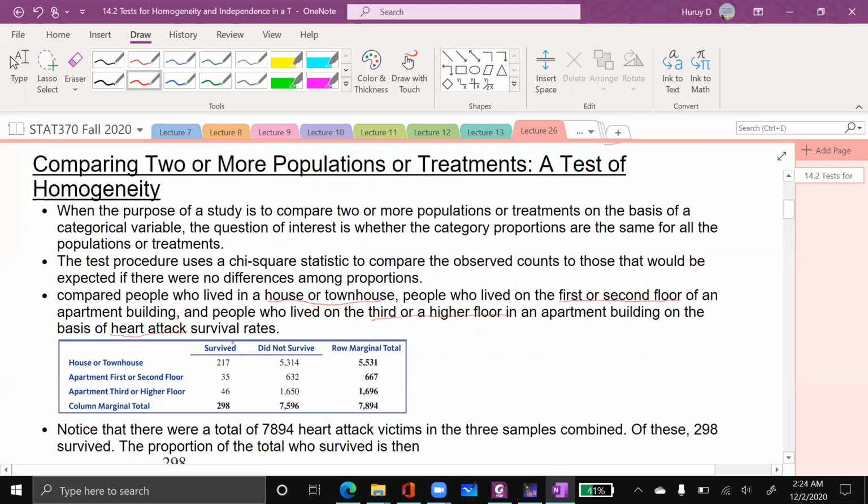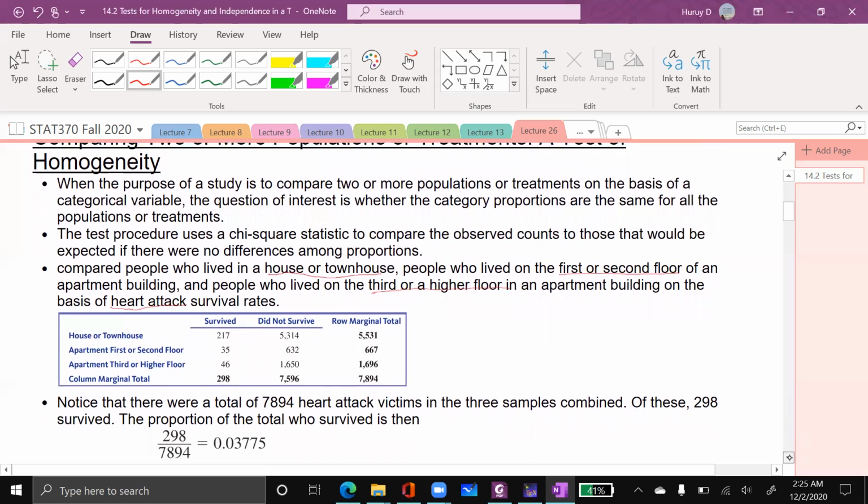So for the heart attack victims, we are trying to see if it makes a difference whether you live in a house or townhouse, or on the first or second floor, or the third or higher. Does it make a difference in the survival of the heart attack victims?